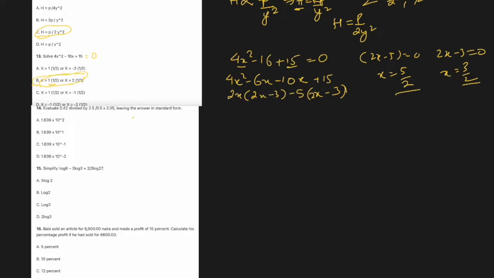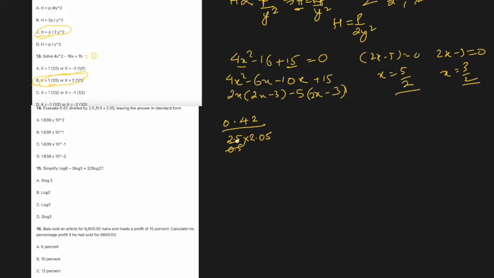B. Number 14, evaluate 0.42 divided by 2.5 divided by 0.5 times 2.05, leaving your answer in standard form. You can use your calculator.